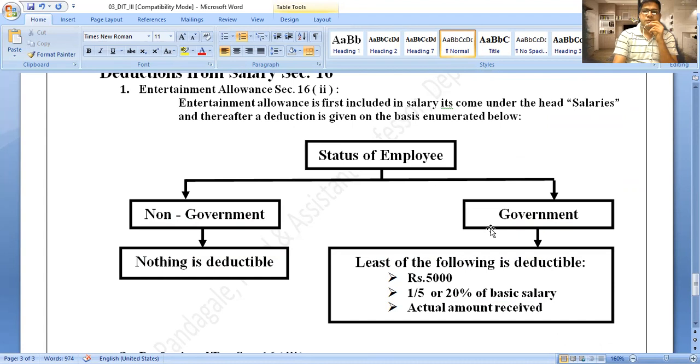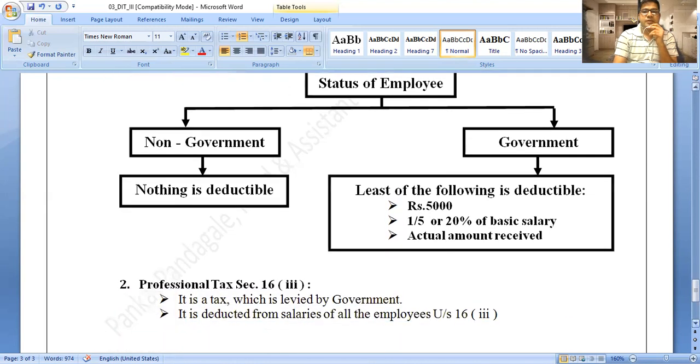For a government employee, we will give the entertainment allowance deduction, and we compute it as rupees 5,000 or one fifth of the basic salary or the actual amount received, whichever is less. So this is the rule for a government employee for entertainment allowance under section 16 subsection 2.